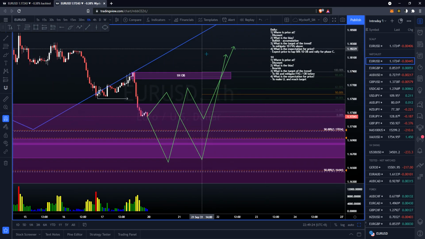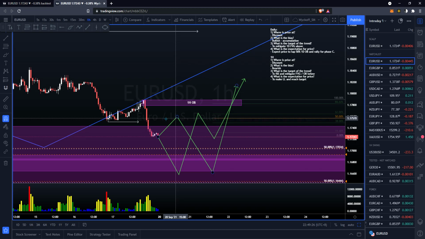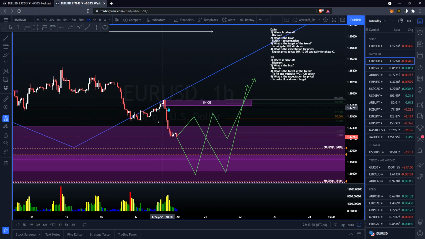So if there's a long, my first target will be here, because as you can see there's a distribution being formed. So this is the last order block that price actually took orders from and pushed down. We can also see the volume actually increases as we push down.